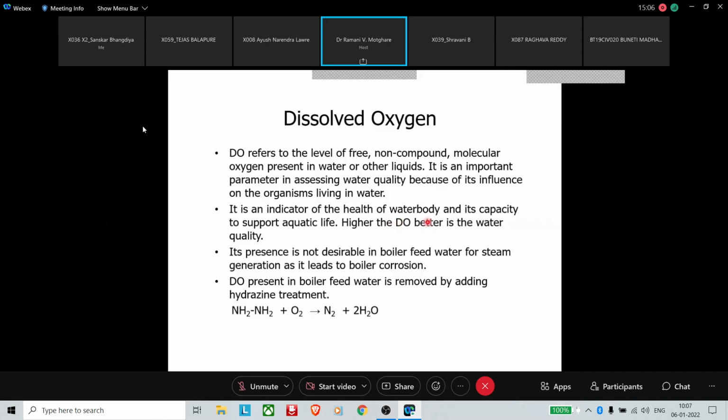Why? Because on the surface of water, if there is nothing, then exchange of gases between the atmosphere and water can take place.